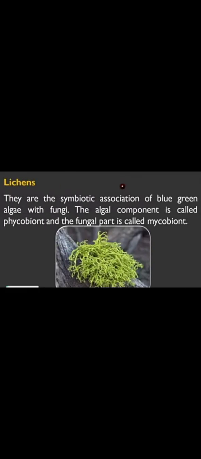Then comes the lichens. Lichens are the result of symbiotic association of blue-green algae with fungi.